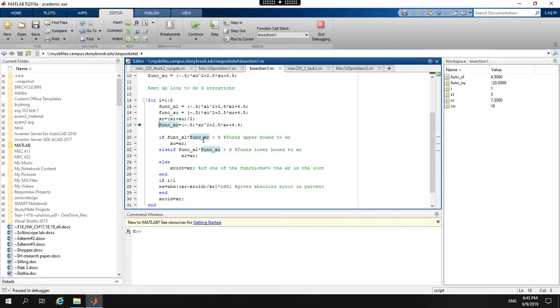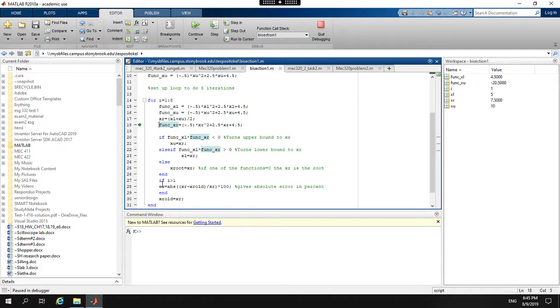That means the function of xr is equal to 0, so we found the root. We're done. Then it's just going to give us our x root equals xr, and that will show up in the workspace here. And then we'll end that, so that's going to end our if statement.